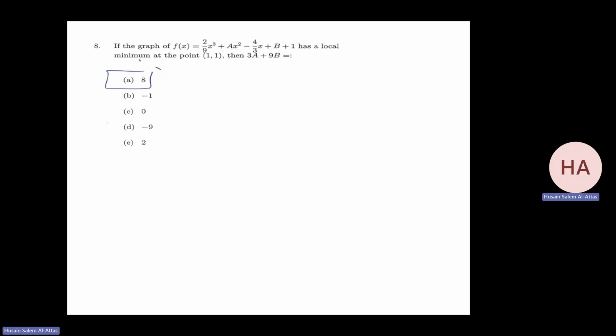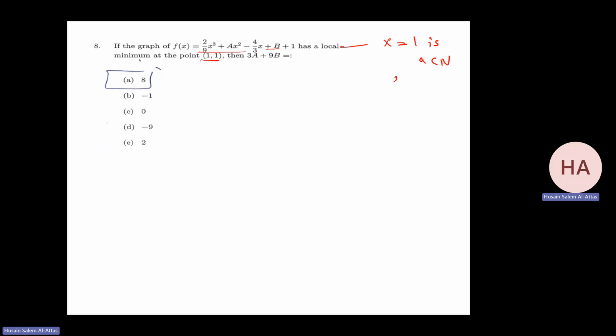Okay, if the graph, and I give you a and b, has a local minimum at this point. Local minimum means what? X equal 1 is a critical number. And the function is just a polynomial.